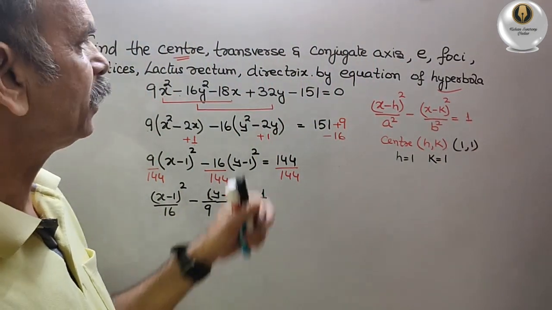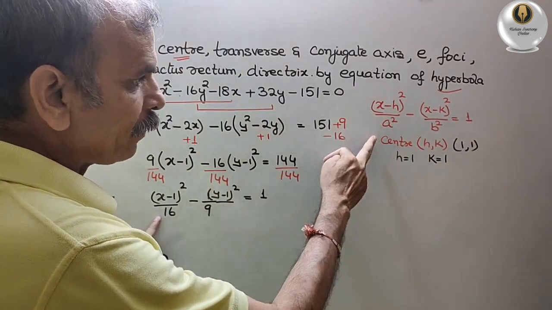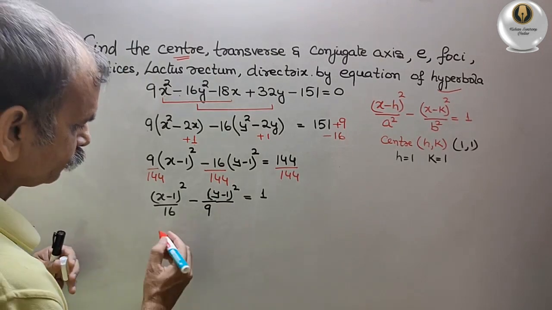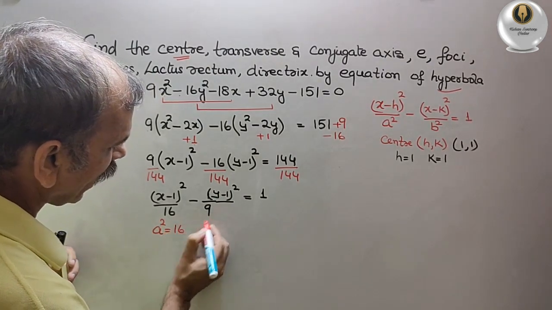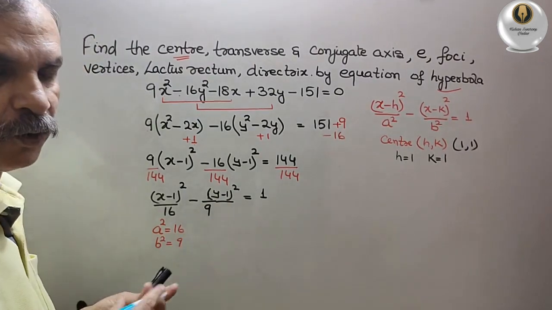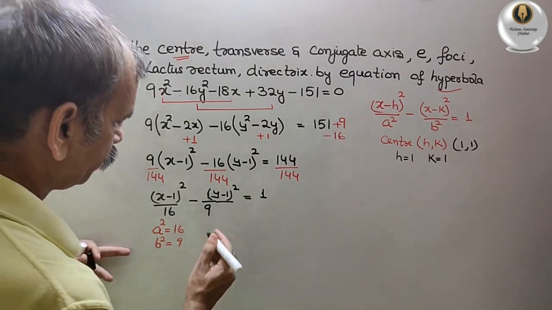Next, start comparing: a square is equal to 16 and b square is equal to 9. Therefore, we can say a is 4, b is 3.